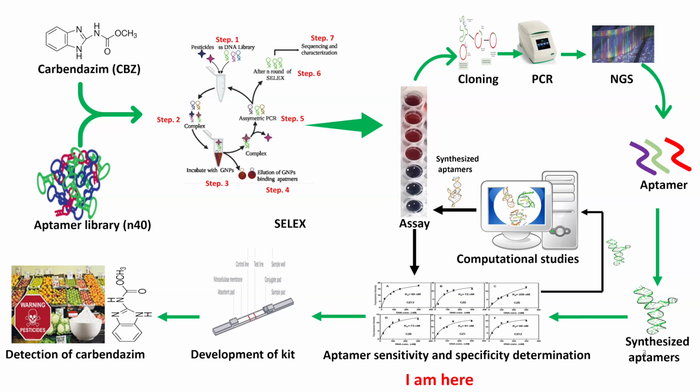We do centrifugation and elute the non-binding aptamers. After that, we perform asymmetric PCR, because for the next cycle we need a single-stranded DNA molecule. This process goes on until the enrichment of the highly specific aptamer.